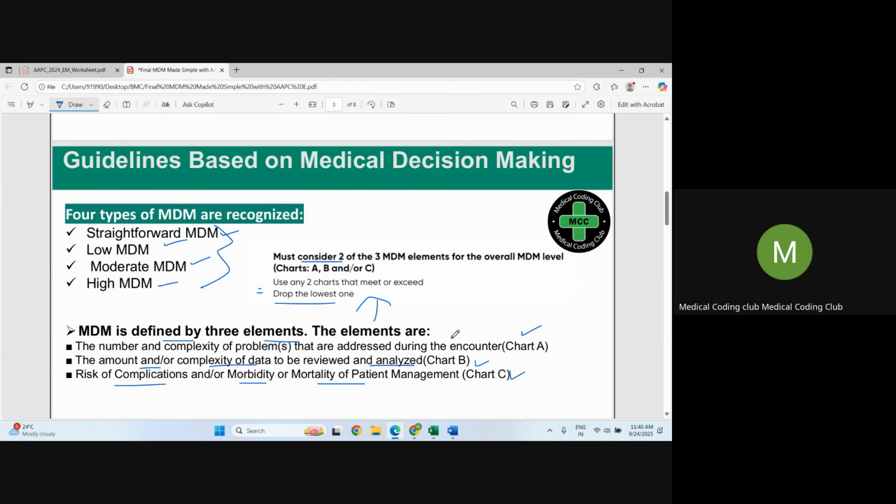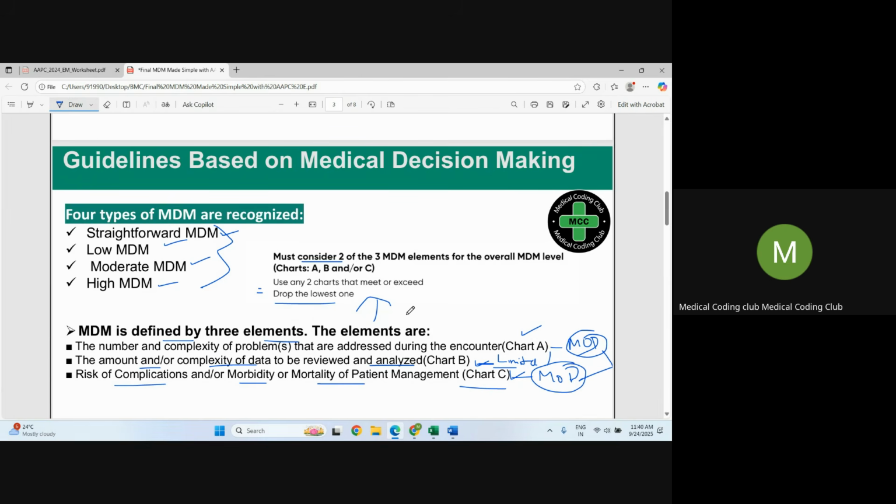Out of these 3 charts, chart A, chart B, and chart C, say for example, in chart A you are getting moderate MDM, in chart C again you are getting moderate MDM, and in chart B, which is data, you are getting maybe limited or low MDM. Then chart A and chart C are both meeting moderate. So you are going to take these 2 and conclude your final MDM as moderate, and you are going to drop the limited, which belongs to data. This is the first coding guideline.